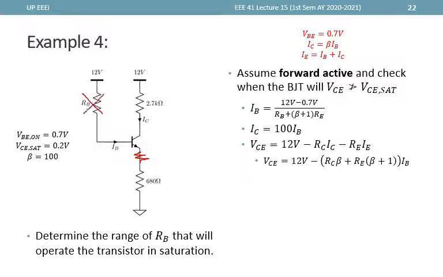So if we remove this and make this RB over beta plus 1, then we'll get the same KVL equation through this loop. Although we will not elaborate on that anymore.